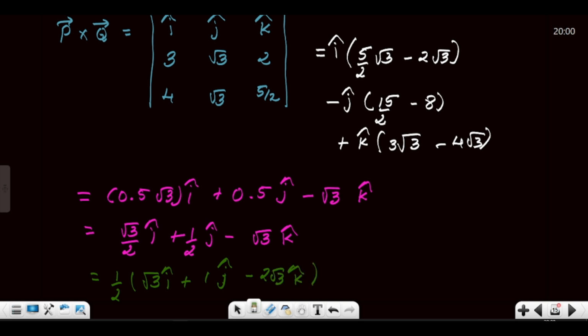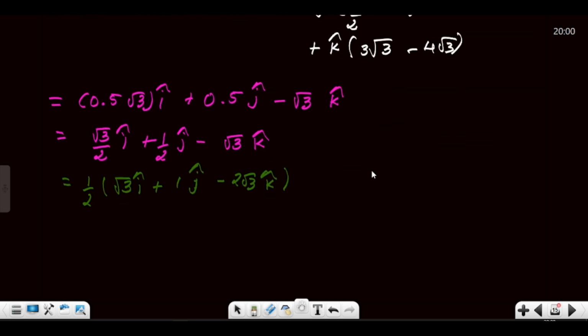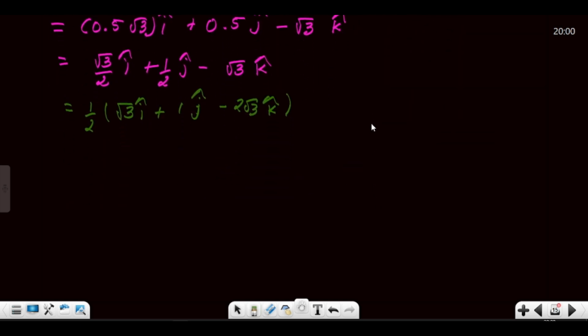Now I have to find out the unit vector. What is the formula for the unit vector?